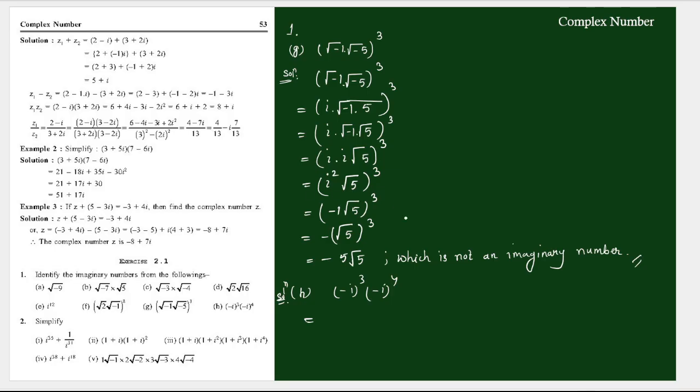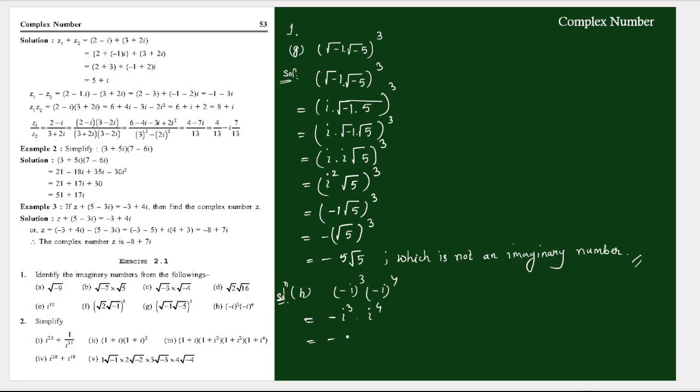So it will be minus i cube. This will become positive, right? It will become i to the power 4.